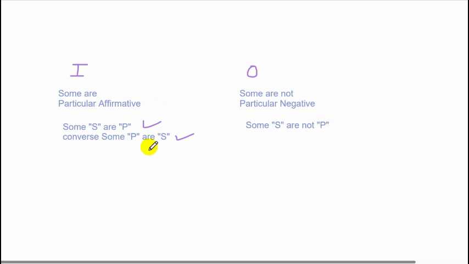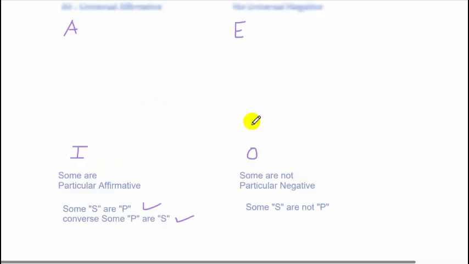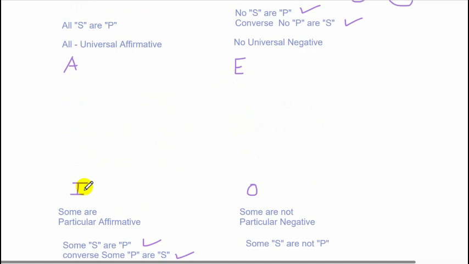So if we are using converse, we can use the E and the I propositions, since converse works with E and I, whereas the A proposition can only be converted into I, and it will still be valid. So this is partial conversion. So how does this work?